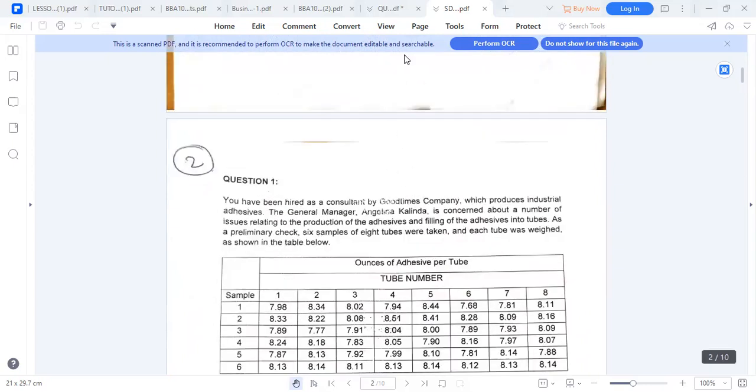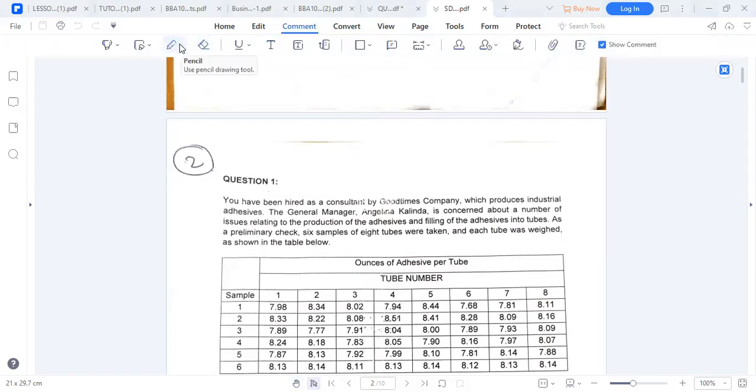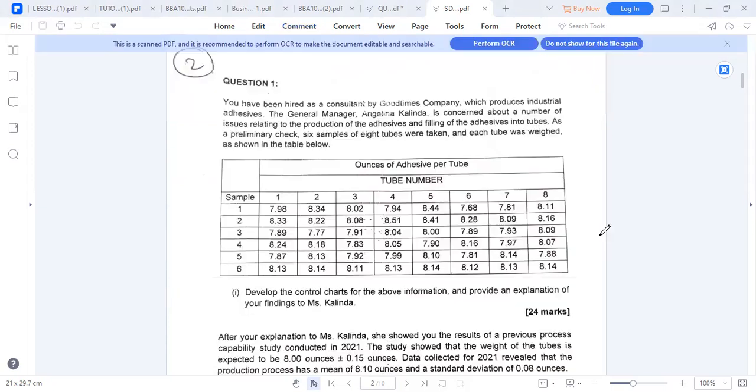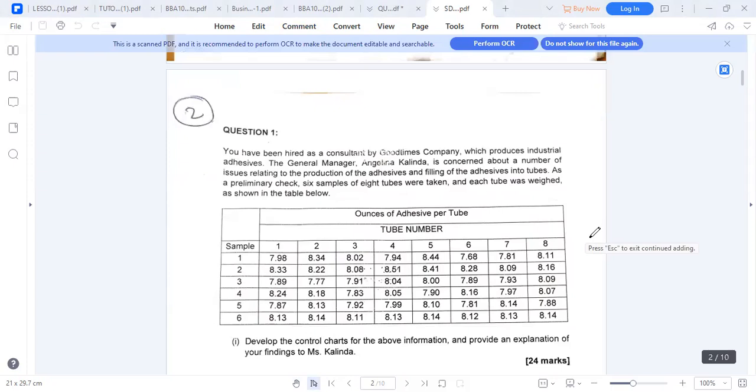We had 6 samples there, and the tube number goes up to 8.